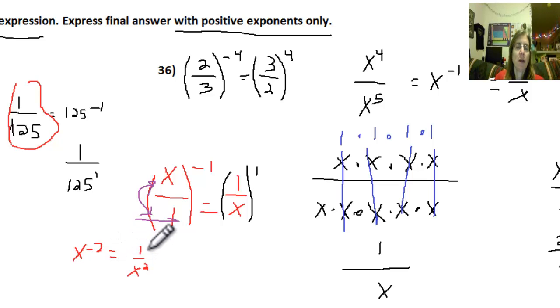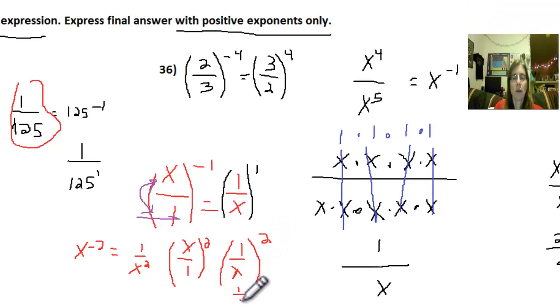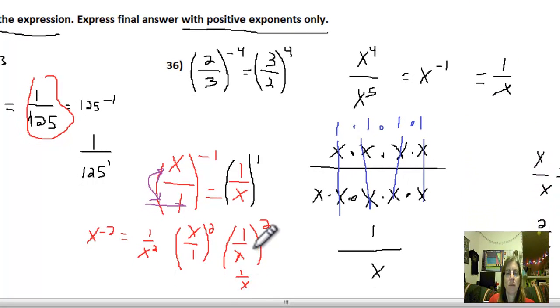But if we change this x to an x over 1, to the negative 2, it's the same thing as reversing that to 1 over x squared, because we're squaring 1 over x, which equals 1 over x squared.